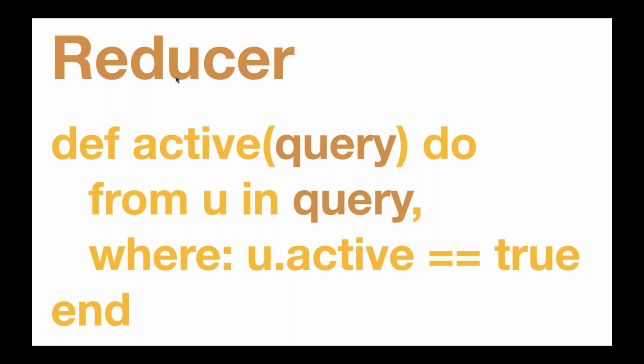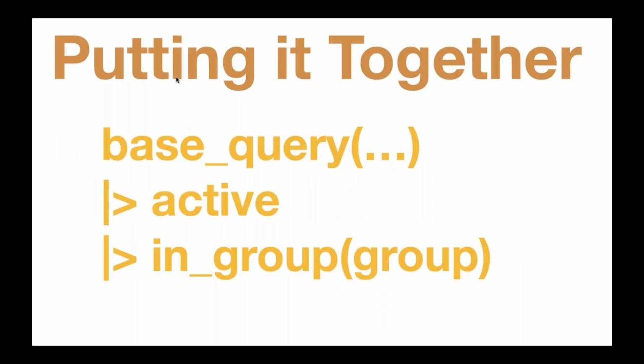I can further filter data that I want to return or that I want to update. And so I could take this base query, which, remember, Ecto query can serve as the constructor, and then I can pipe that through a reducer like the one we just made called active. And I could pipe that through another reducer so I could continue to restrict the data that's coming back from a query.